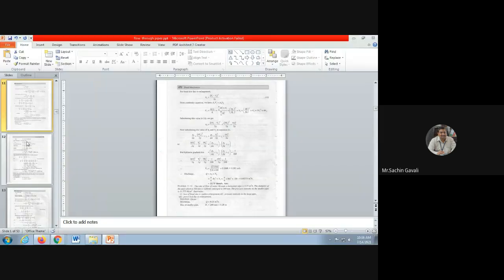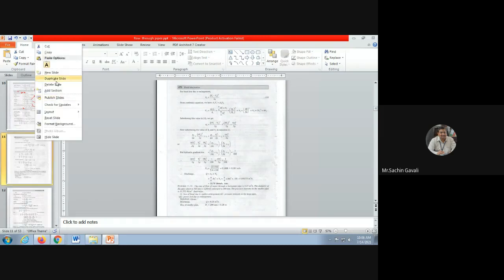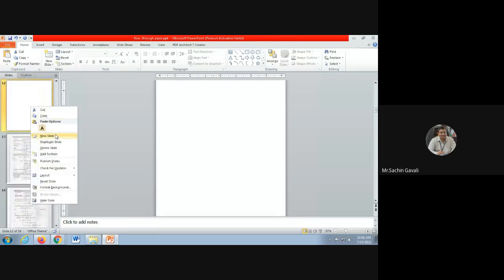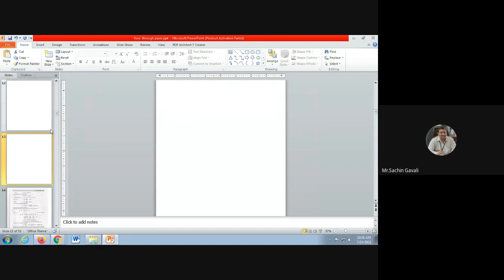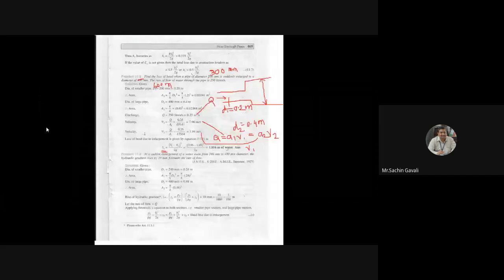So the diameter is changed here. Head loss due to enlargement.